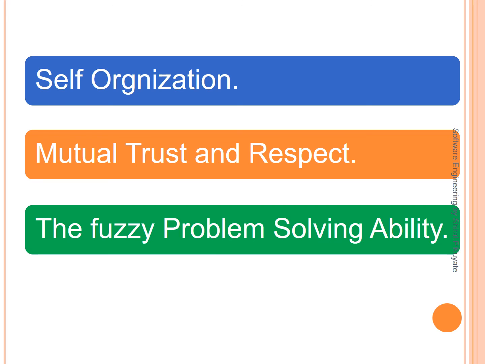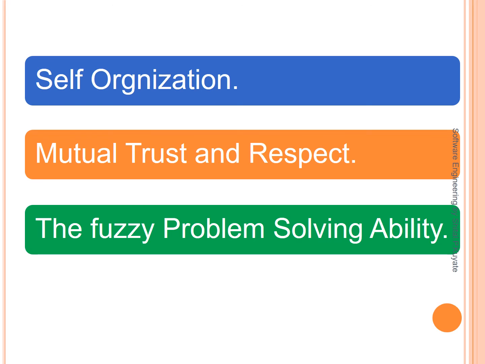The Agile project team organizes itself for the work to be done. The Agile team organizes the processes to best accommodate its local environment. The Agile team organizes the work schedule to best accomplish delivery of the software increment.